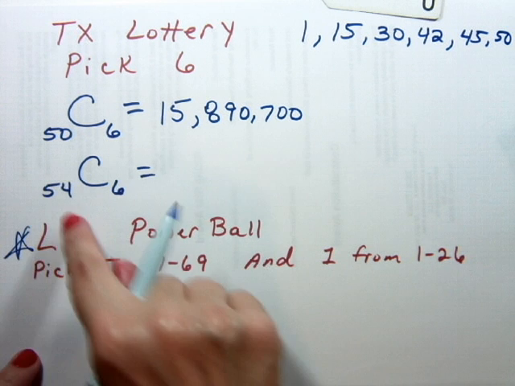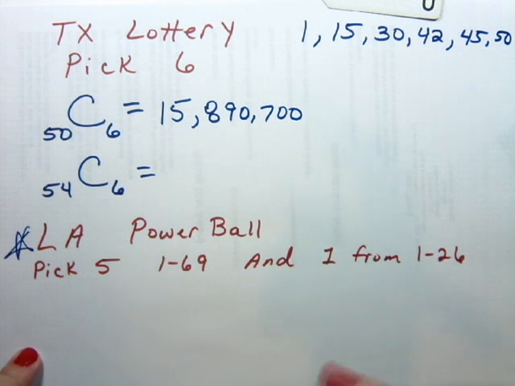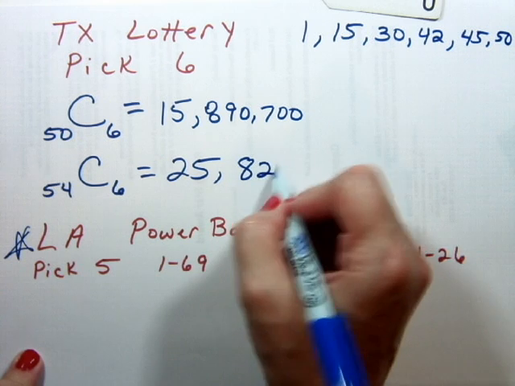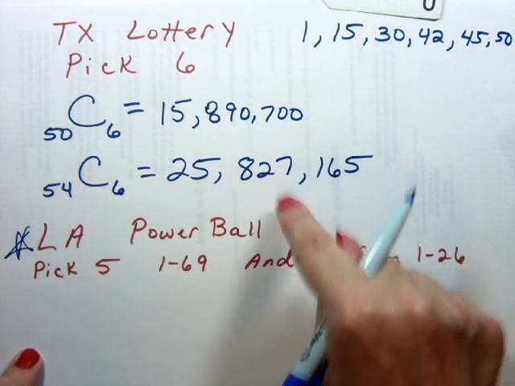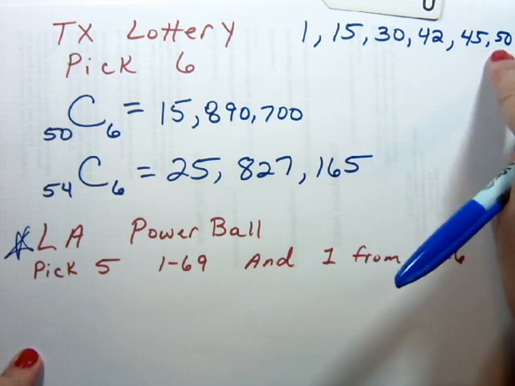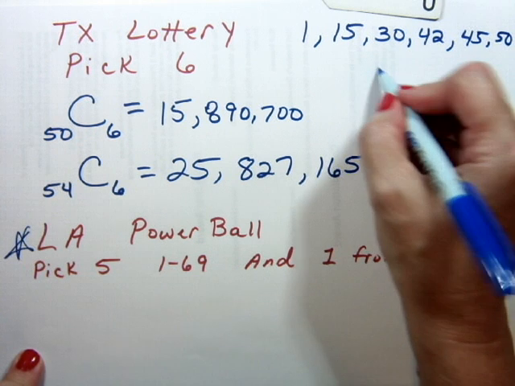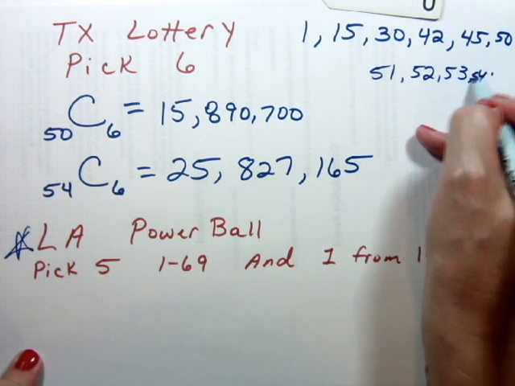Those 4 little numbers did not keep anyone from buying lottery tickets who were already buying lottery tickets. But what they did was they added, now look at this because it's crazy, almost 10 million combinations to the 6 numbers we could pick. Just adding the numbers 51, 52, 53, and 54 to the grouping.